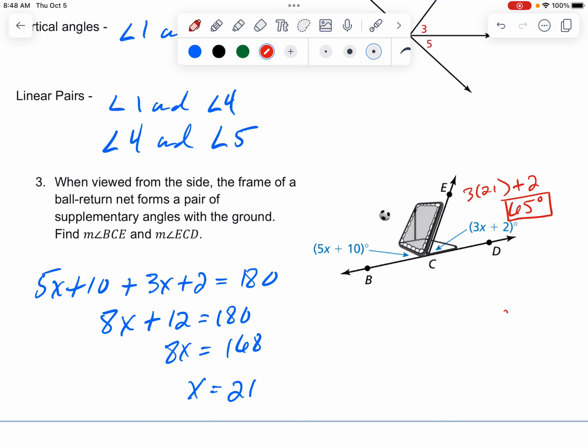And then you could plug into the other one here. You could plug in for x, so 5 times 21 plus 10, or we just know since they have to add up to 180 that this would have to be 115. A good way to check your work would be to plug in 21 for this x in angle BCE and double check that you get the same answer.